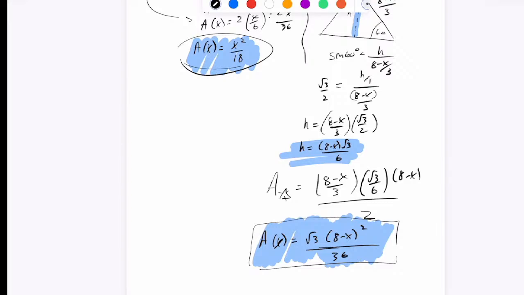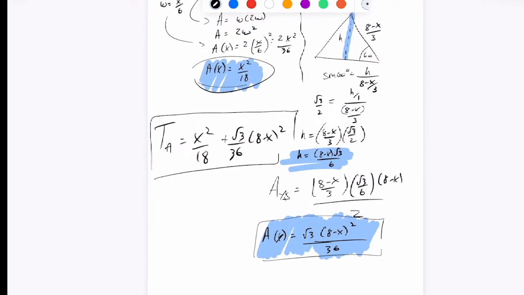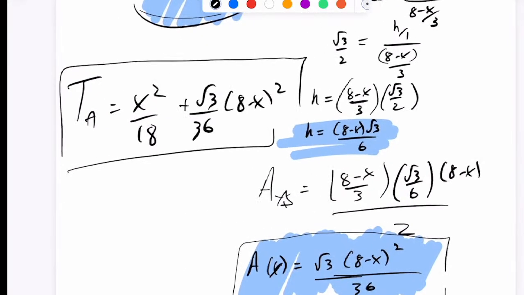So my total area ends up being the sum of both of these, so x squared over 18 plus root 3 over 36 (8 minus x) squared. Yes. And that becomes my total area function. Is this okay?